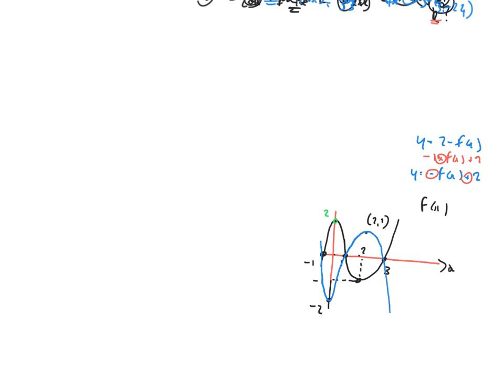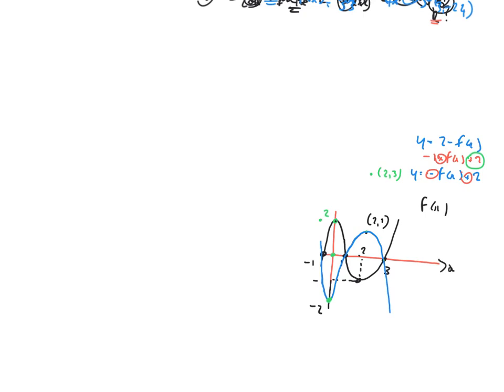Okay, now what I need to do next is to add 2, which basically just shifts the thing up by 2 units. So the -2 bit here would be shifted up to here, to the x-axis at 0. 2, 1 would now be shifted up to 2, 3. -1, 0 would now be shifted up to -1, 2.